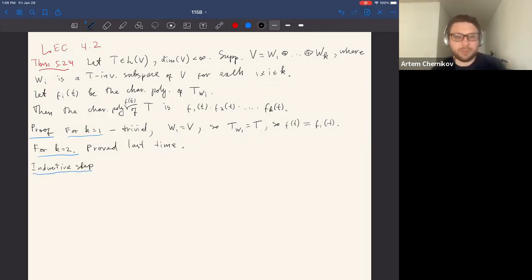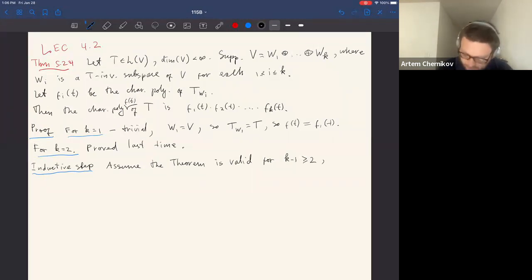Inductive step. Assume that the theorem is valid for k minus 1, greater or equal than 2, and we will prove it for k, starting with k equal to 3.